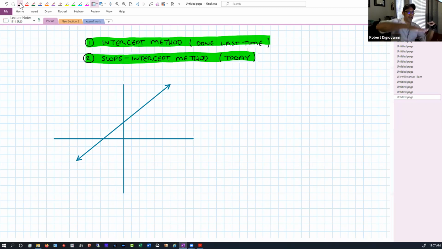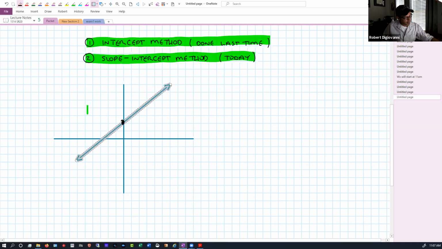And that's because it has some pitch to it, right? It's not vertical, it's not horizontal. So because it has a little bit of a pitch to it, we know that x and y both appear in this equation. We don't know what the equation is yet, but we know that it's not y equals a number, x equals a number.